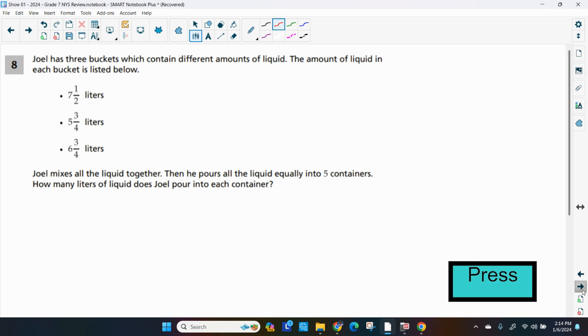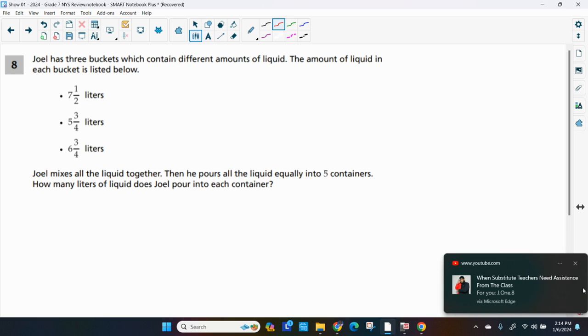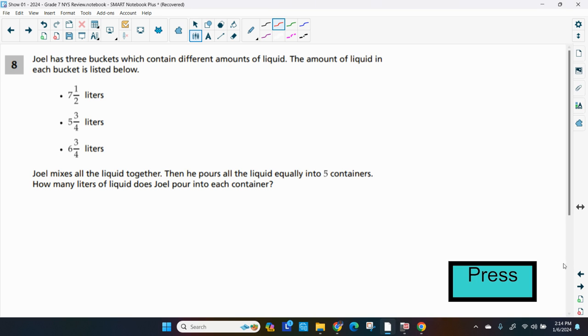Joelle has 3 buckets which contain different amounts of liquid. The amount of liquid in each bucket is listed below. 7.5 liters is in the first bucket, 5 3/4 in the second bucket, and 6 3/4 in the third bucket. So Joelle is going to mix all of these liquids together.